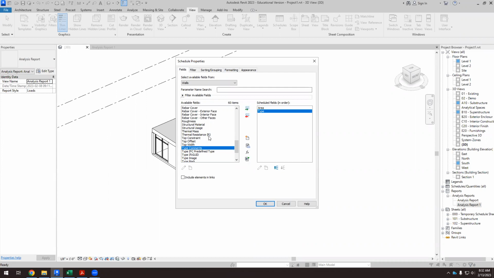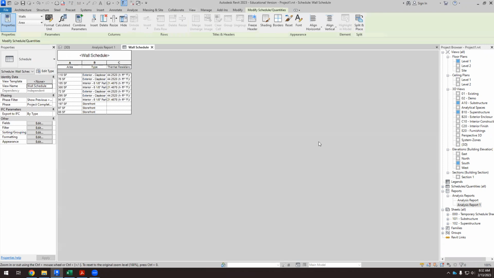And what else? Thermal resistance, well, maybe that's interesting. And width, volume, I think that's fine. Okay, so if we have this, we can click OK. And here, that's perfect, because we have walls, exterior, interior, and the storefront.